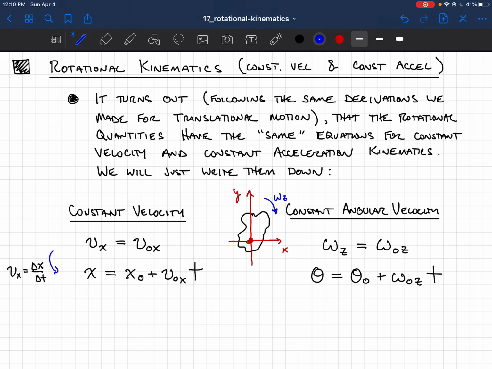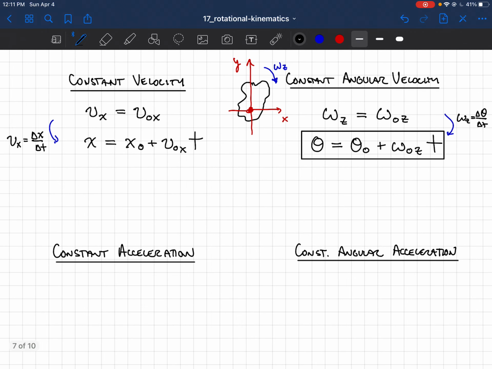That's what gave us this equation. And here we have omega z is equal to delta theta over delta t. So the same definition of the velocity gives us the same equation. So this is an equation that we can use for kinematics. Let's put a box around it, and you'll find it on your equation sheet.